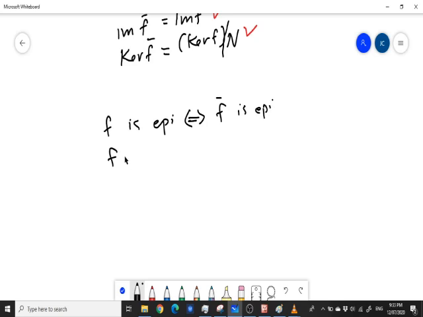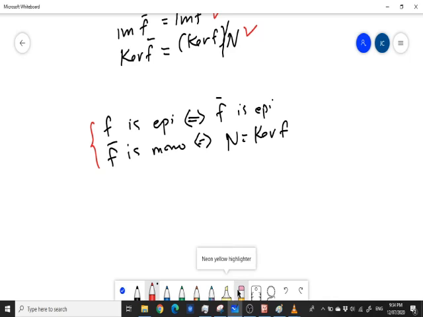And f bar is mono if and only if n equals the kernel of f.